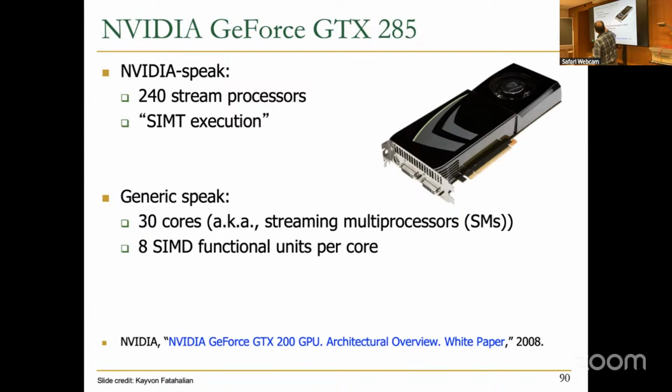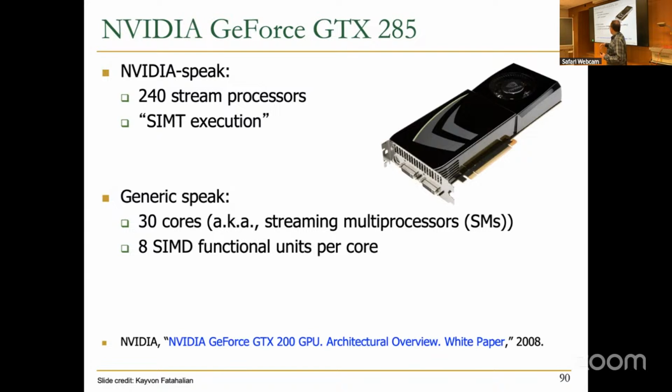They had 240 stream processors. NVIDIA also called them CUDA cores, or you can sometimes see them as SP, which is an acronym for stream processors. Another terminology is cores, also streaming multiprocessor or SM. So you should be careful.